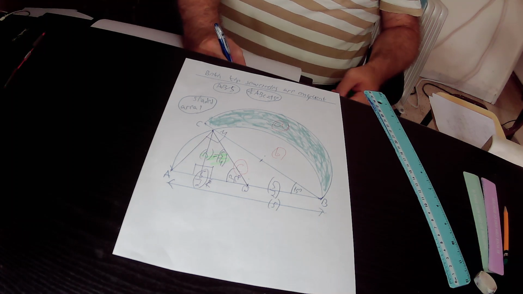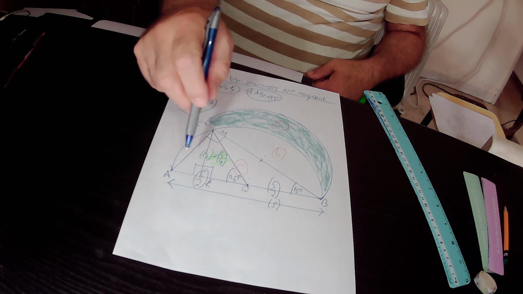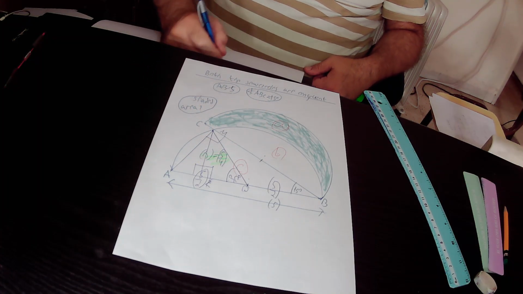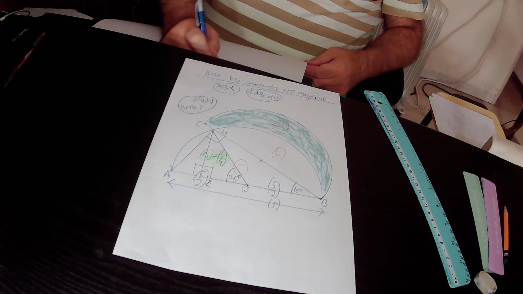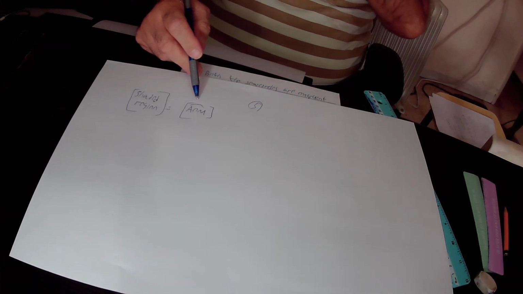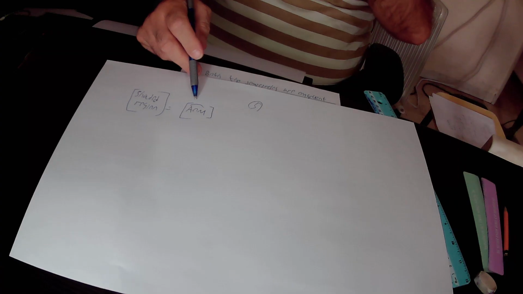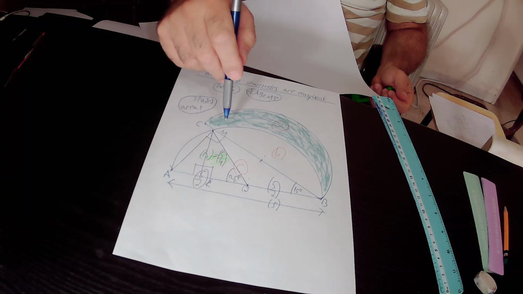So, the size of the shaded area or shaded region in total, it must be equal to the area of this sector AOM plus the area of this triangle MOB.